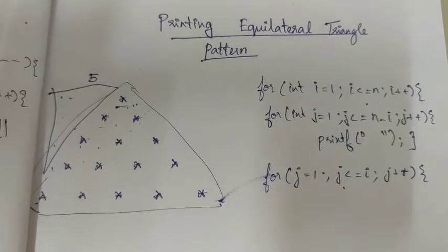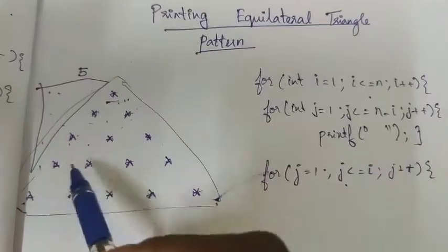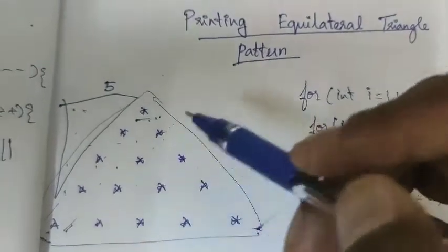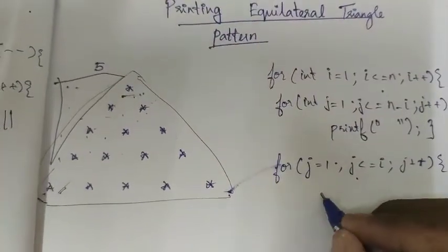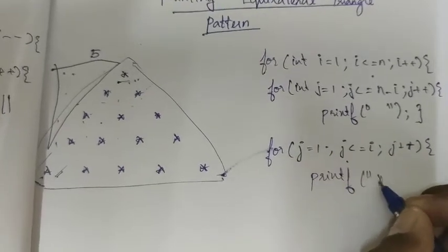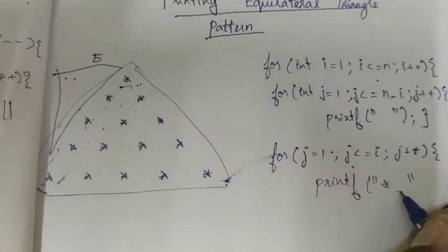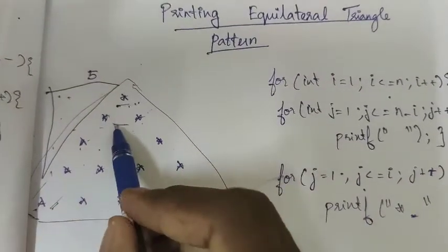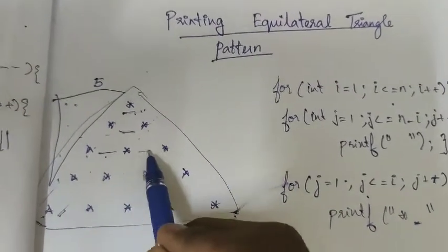A simple trick to follow in order to find this answer is that I am going to print a star and a small gap space over here. So this space enables a gap in between.